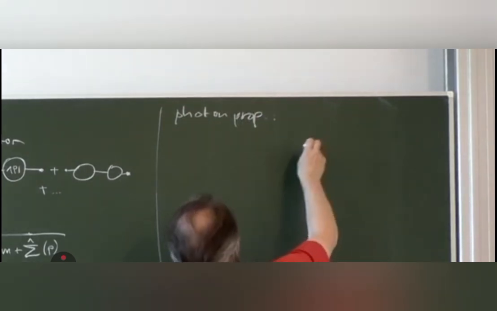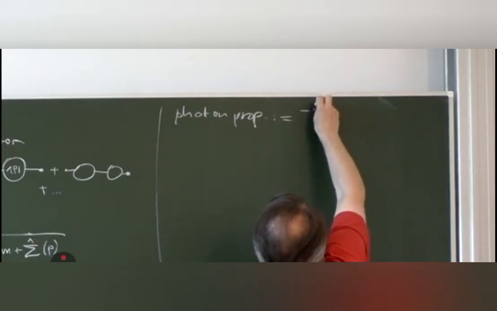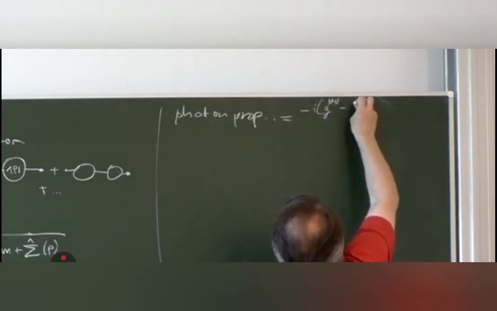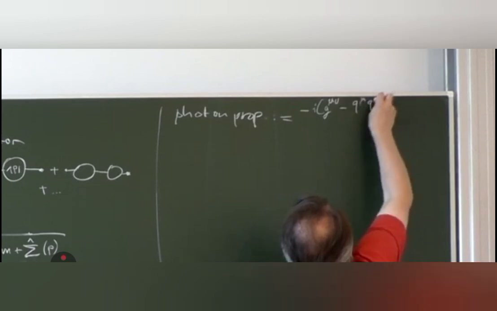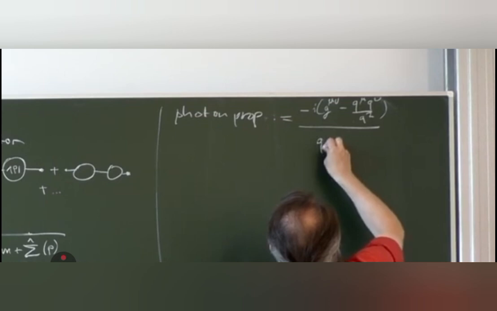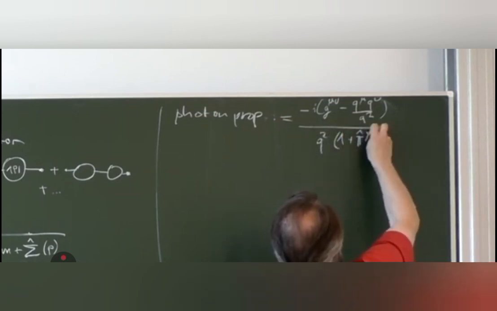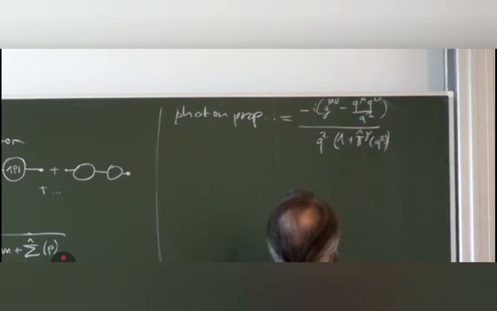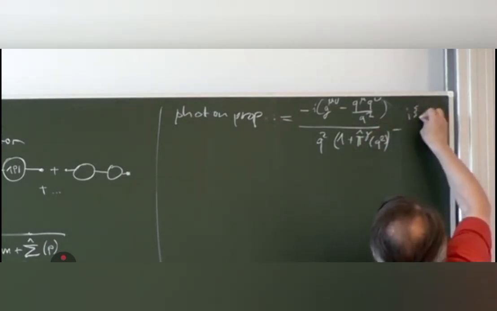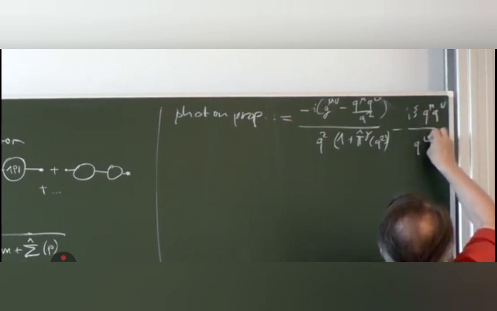The full photon propagator is equal to the following. So let me write down immediately the full result. Minus i (g^{μν} minus q^μ q^ν divided by q²) overall divided by q² times 1 plus π hat γ of q², minus i ψ q^μ q^ν divided by q⁴.